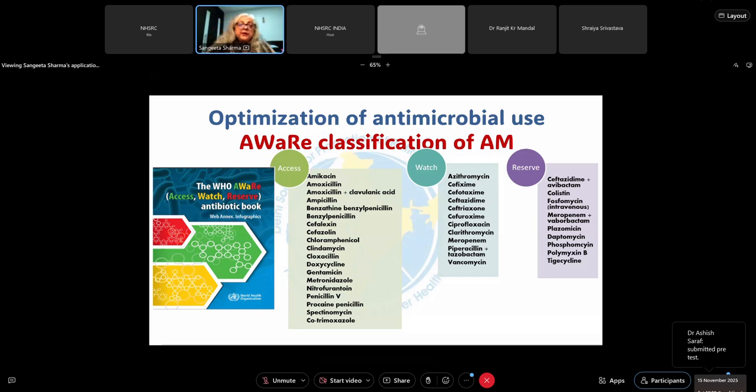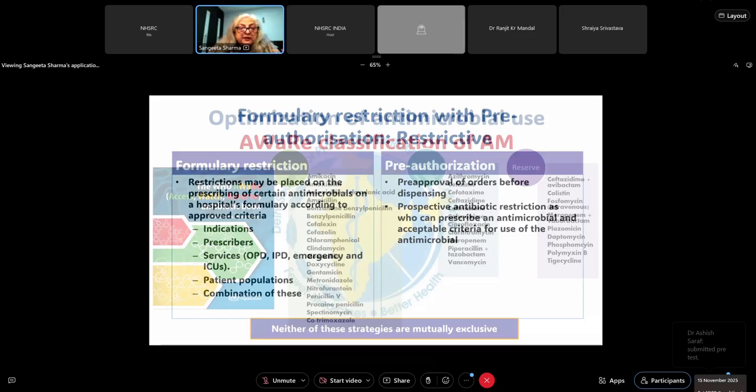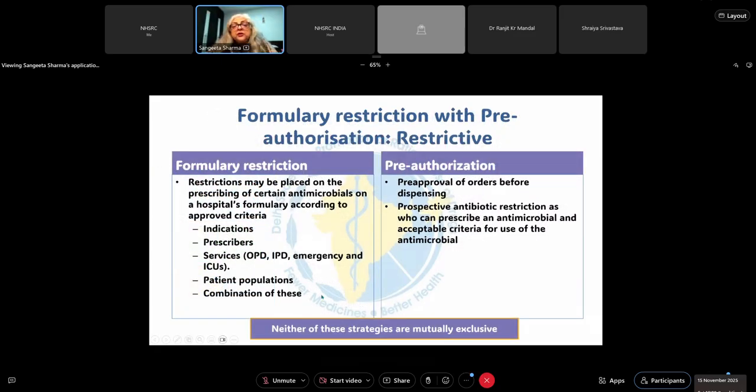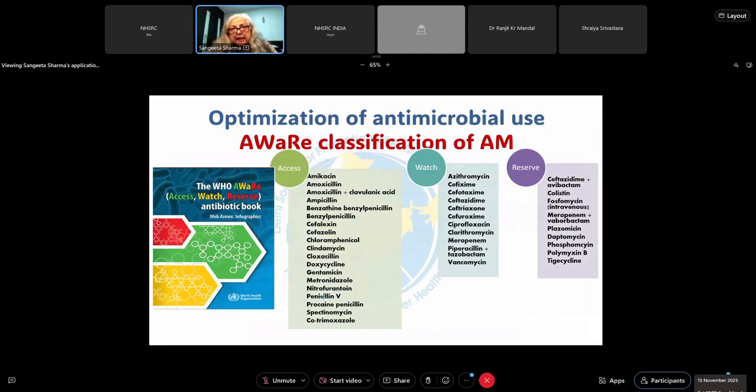Now, coming back to formulary restrictions by OPD, IPD, emergency, and ICU, you can use this AWaRe classification for doing so. You can say, okay, the oral medicines from the Access group will be made available in the outdoor department, OPD. These are the ones which will be used in the indoor department only.